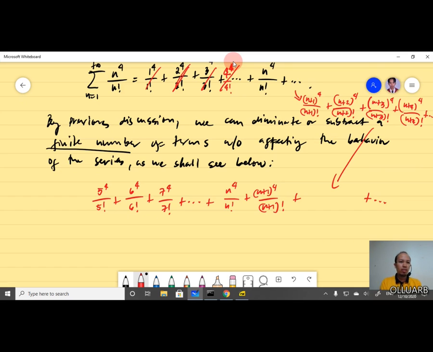So this implies that we choose our a sub n to be n plus 4 to the 4 over n plus 4 factorial, and at the same time our b sub n is 1 over n factorial. I have to rewrite that because we rewrite our series.